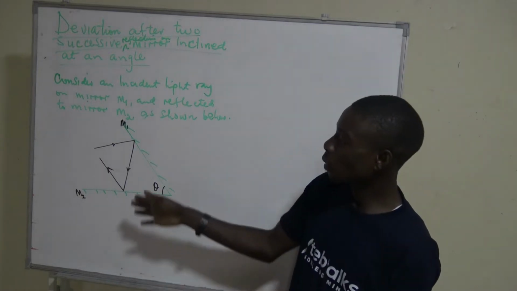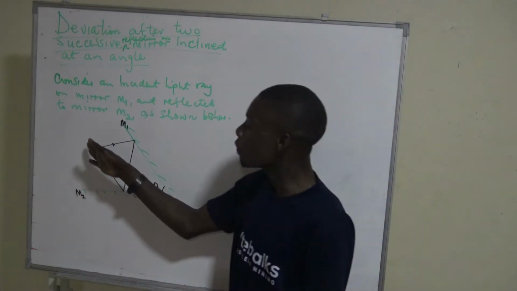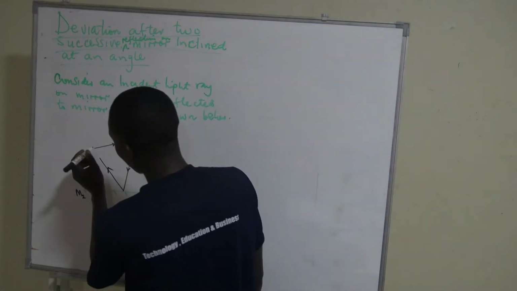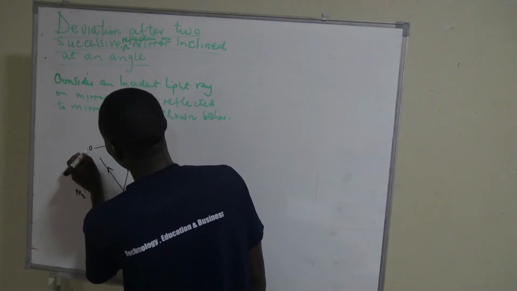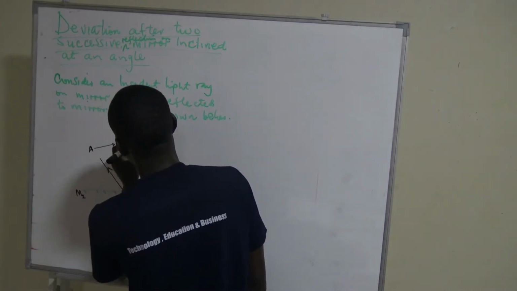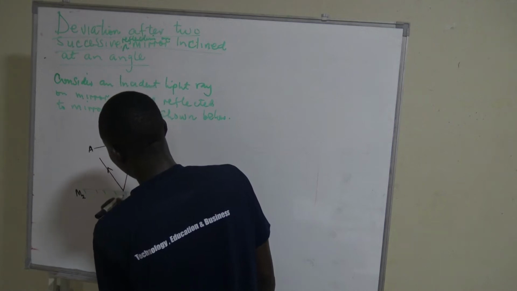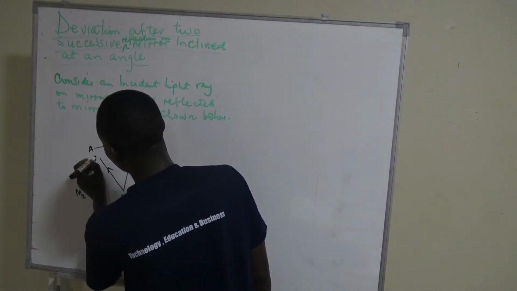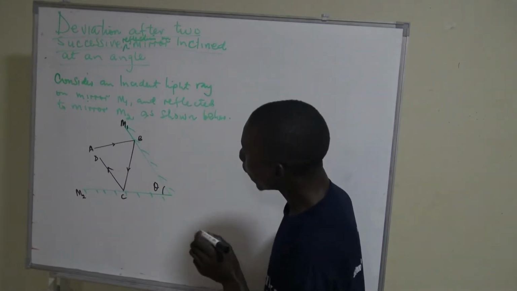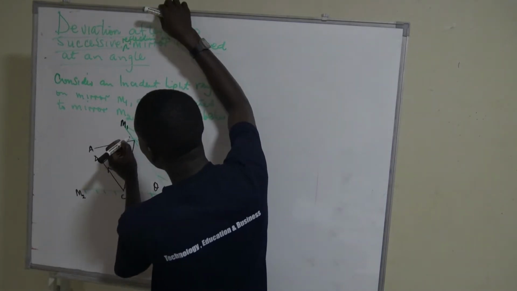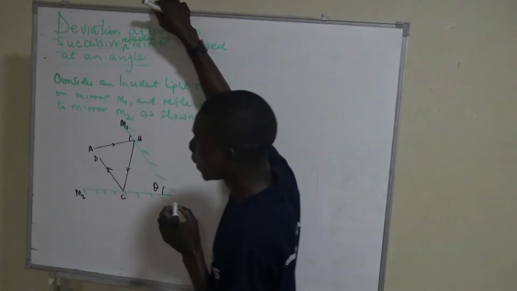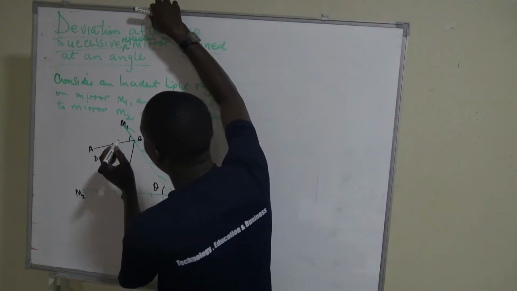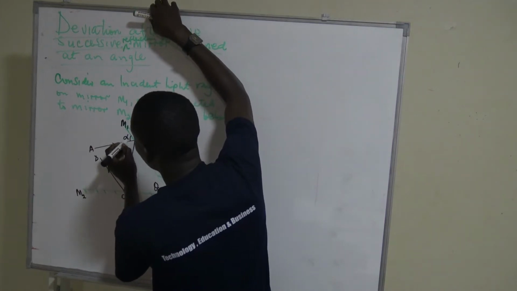That is exactly what I was talking about. If I have a light ray, I can name it and say this is O, I can name A, and then B, and then C, and then D. Now I can also say, supposing when it is incident on the first mirror, it's making an angle of glancing, say alpha.